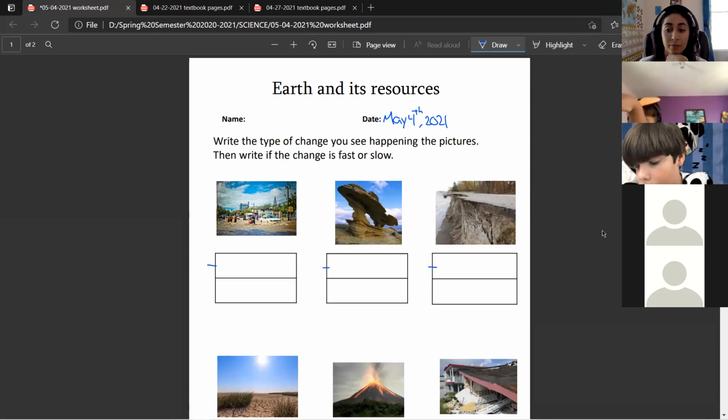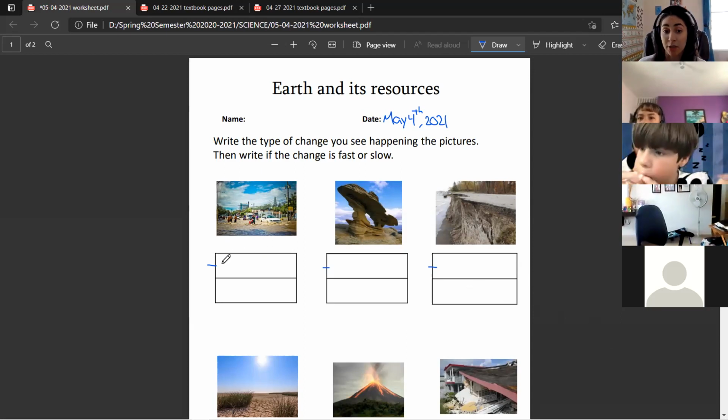Una inundación. Mm-hmm. Yeah, exactly. And how do you say that in English? Flood. There you go, a flood. That's the change that is happening in the first picture. So you need to write the name of the change. That would be a flood.